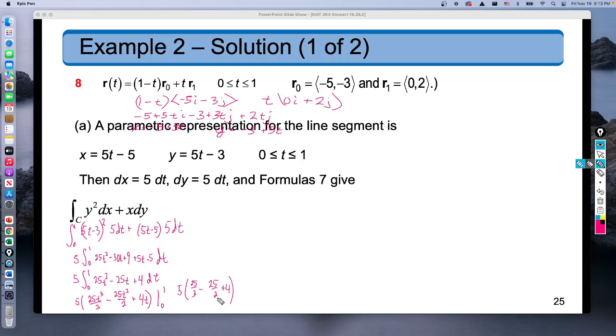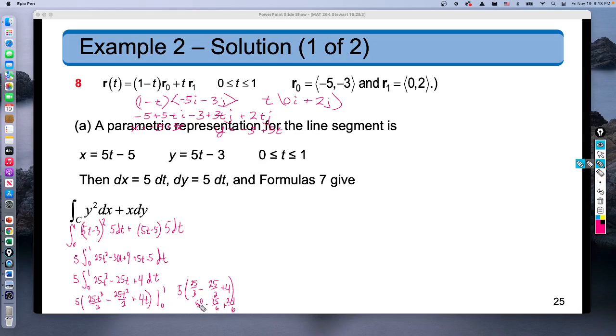Common denominator 6. This will be 50 over 6 minus 75 over 6. And I guess you could do the same thing with the 4. Over 6, it's going to be 24 over 6. We'll add that all together.